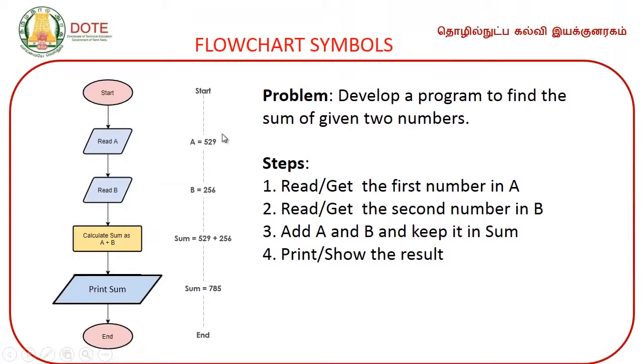This is a very simple logic to add two numbers. Here it is given in steps. Read or get the first number in A. A is one data variable, another data is B. We read B, add A and B and keep the result in sum.